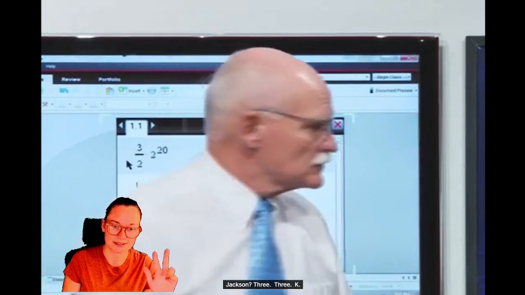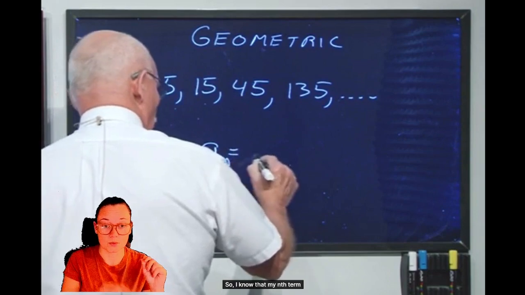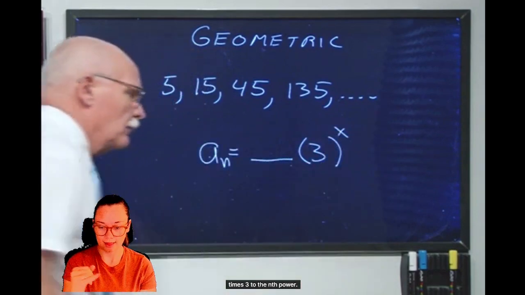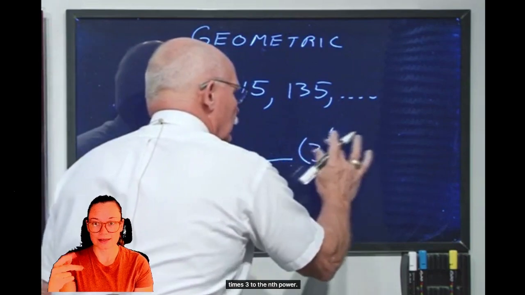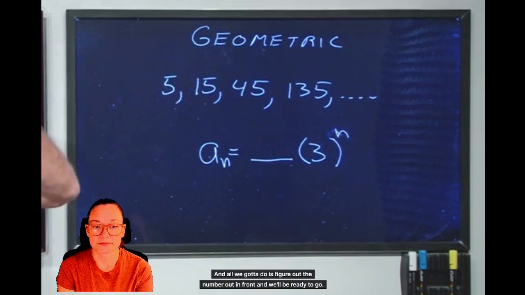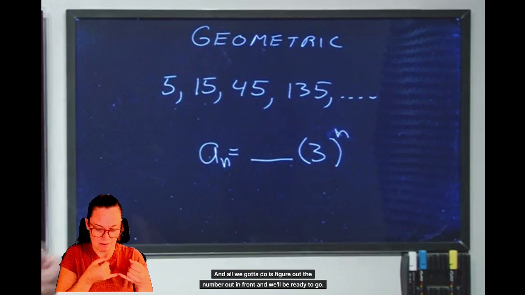And we're obviously multiplying each time by, Jackson? 3. 3, okay? So I know that my nth term will be some number times 3 to the nth power. And all we got to do is figure out the number out in front, and we'll be ready to go.